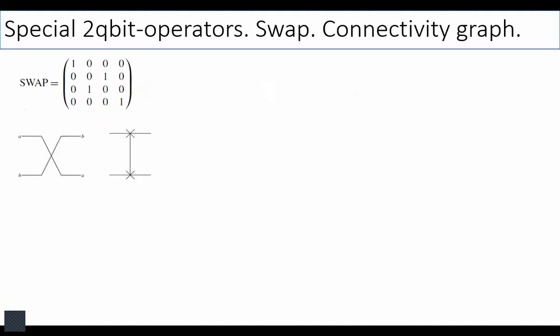So the next important 2-qubit operator is swap. This is the formal matrix, but the true meaning is that I have a state AB, and it is moved to a state BA. So they change, they swap two qubits.